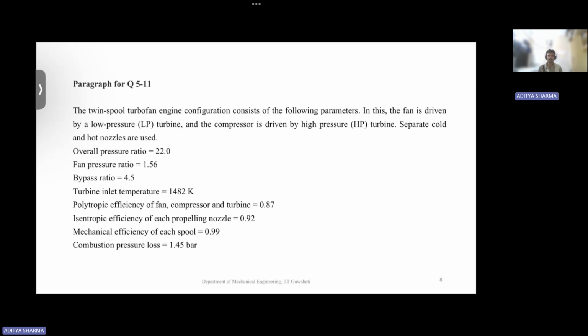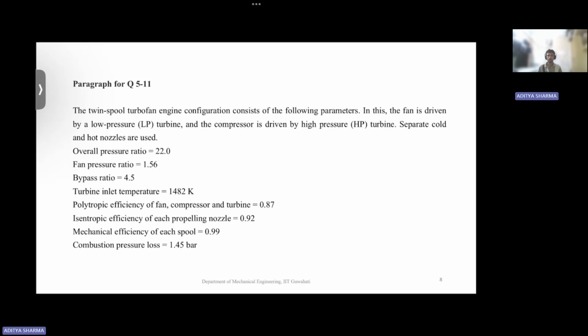So the paragraph says that the twin spool turbofan engine configuration consists of the following parameters. In this, the fan is driven by a low pressure turbine and the compressor is driven by your high pressure turbine. Separate cold and hot nozzles are used.